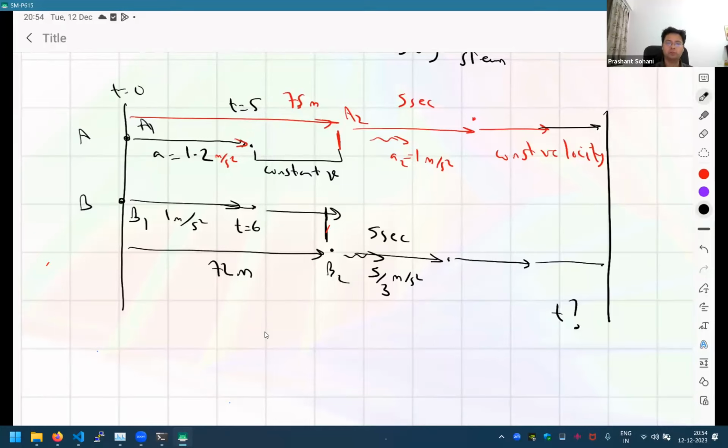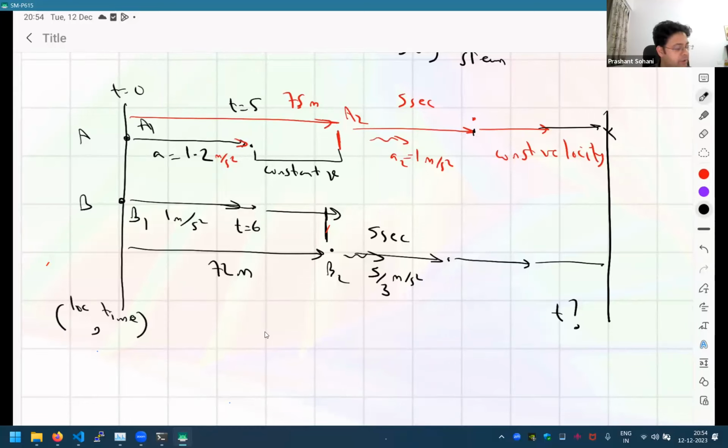So always what we are going to do, for a question like this, it is very important to think in terms of pairs of numbers. So always we are going to write pairs of numbers, like what is the location and what is the time. This location and time is going to be our way of representing all the events. You can think of each occurrence as an event, like A1 starts to accelerate, A1 stops accelerating, he gives the baton to A2, A2 starts to accelerate, A2 stops accelerating, and at some point they meet.